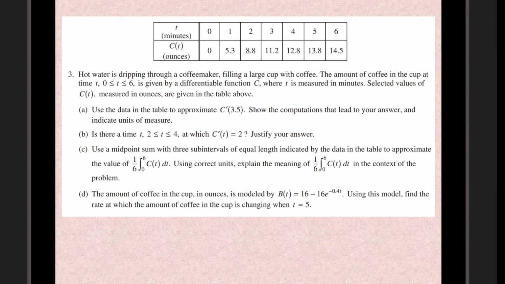All right. Let's start with this since a fair amount of you are done. If you haven't finished, you can go ahead and pause me. It says use the data in the table to estimate C prime of 3.5. This is a good old y2 minus y1 over x2 minus x1.